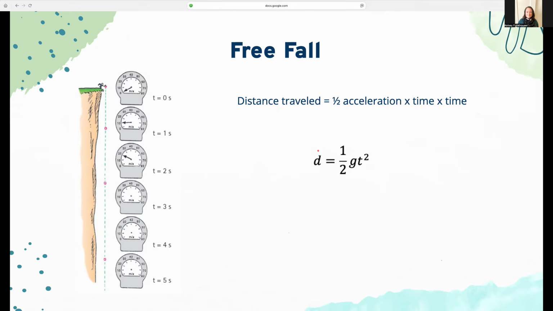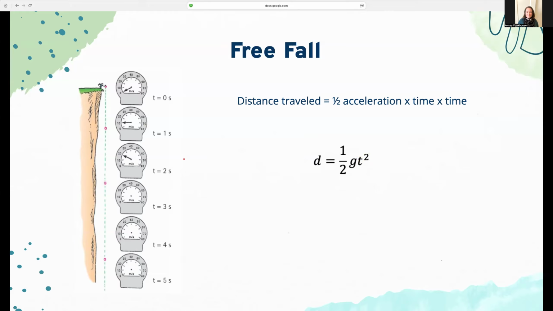And what that looks like, distance traveled is this little d, 1/2, that part's the same. g, that's the acceleration due to gravity or free fall acceleration, and then time multiplied by itself. Okay, it is this here. Time with a t, and times itself is squared.